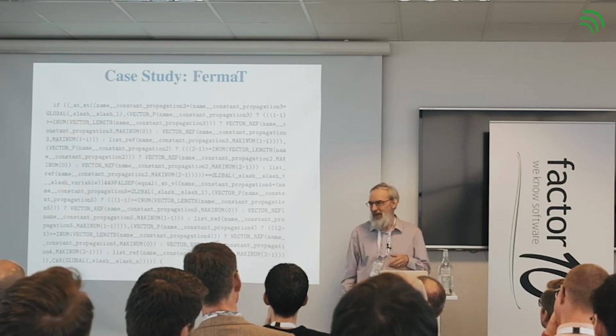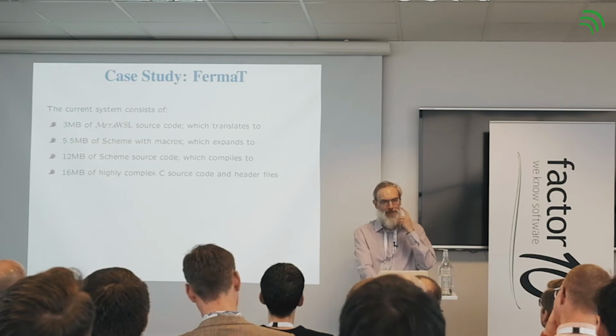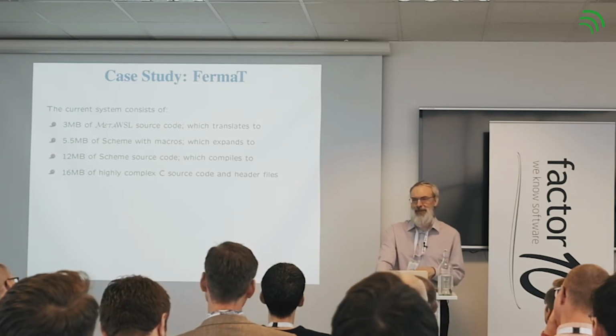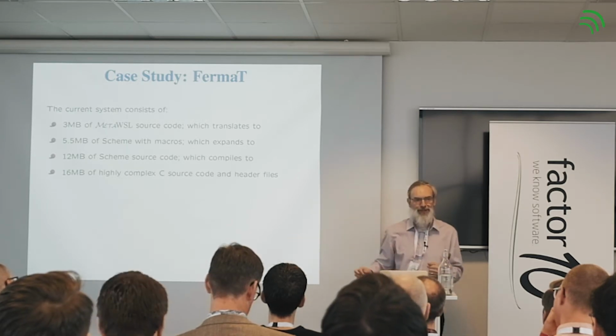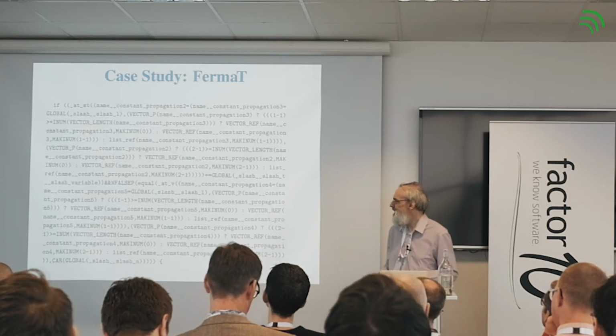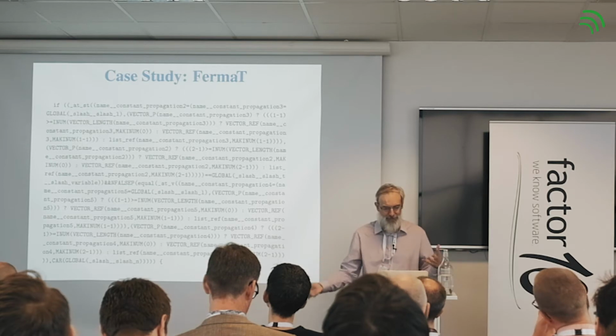That's why I've described in this slide, I've described it in terms of megabytes of source code rather than lines of source code. Because in the C, there might not be that many more lines, but they're like thousands of characters long each line. So lines of code doesn't really get across the difference.